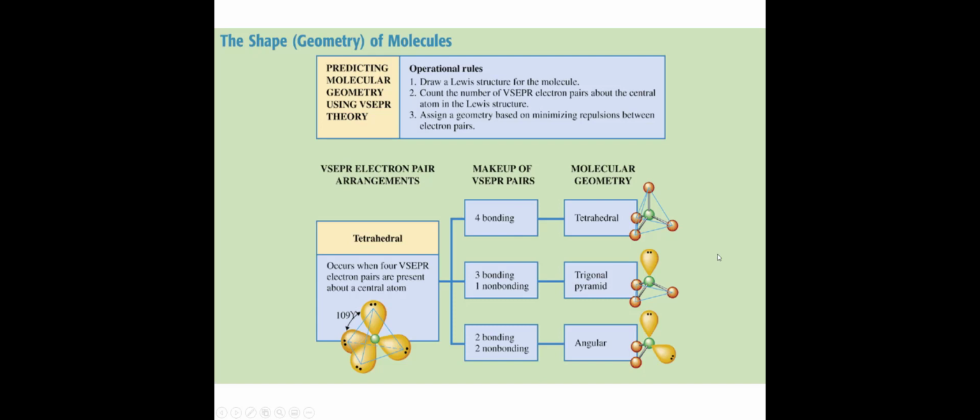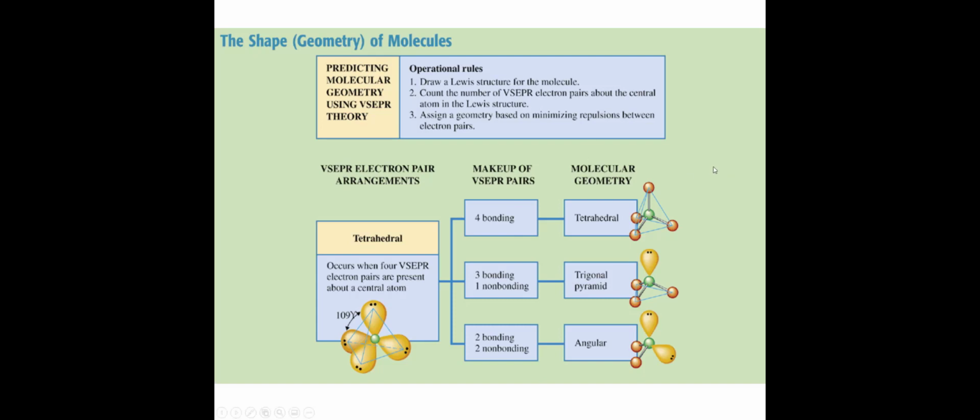So let's make a summary here. If we are trying to figure out the shape geometry of a molecule, you have to begin with a Lewis structure. There's really no other way to do this because you need to see if there's lone pairs on the central atom or not. You count up the number of bonding electron pairs and the number of non-bonding electron pairs, and then you determine a geometry from that.